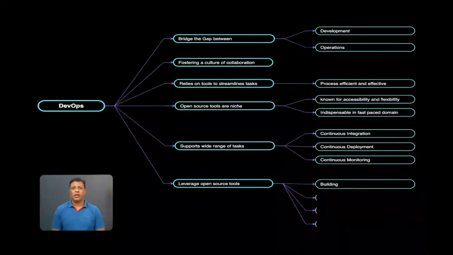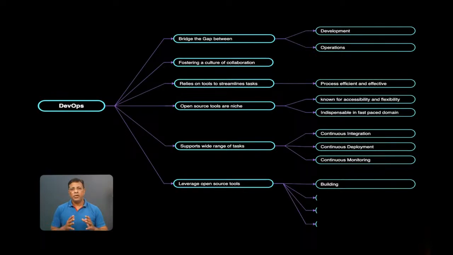In the DevOps environment, open source tools have carved a niche for themselves. They are known for their accessibility and flexibility, making them indispensable in this fast-paced domain. These tools support a wide range of tasks, including continuous integration, continuous delivery, and continuous monitoring.